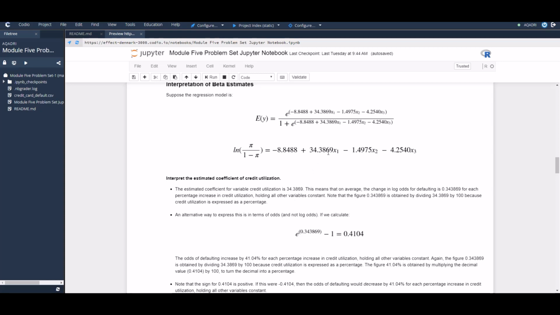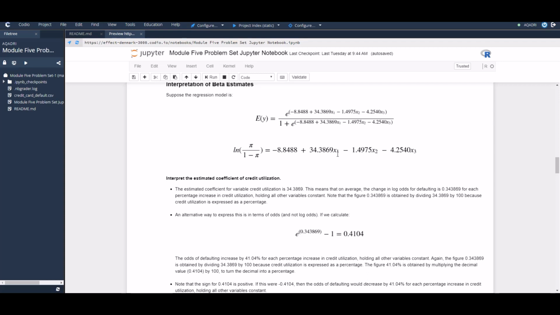All you do is you take this and you divide it by 100. So now that you have 0.3438, the change in log of odds is going to be plus 0.3438 for each percentage increase in x1. Or each percentage increase in credit utilization gives you a change of 0.343869 in the log of odds.